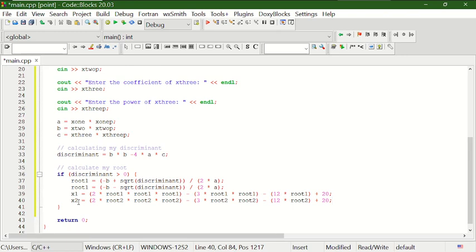Okay, so since we've done that, the next thing that I want to do is what? We want to start expressing what we have calculated. We want the user to start seeing what we have done. So the first thing we want to do is what? We want to see out.